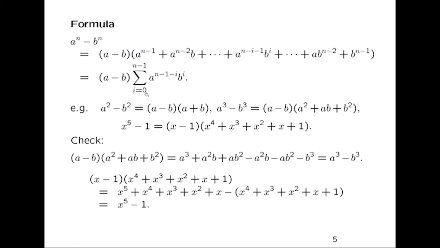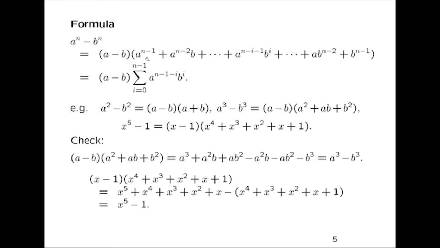So this means the index i is equal to 0 to n minus 1. i appears here, right? So this means summation is the sum of this quantity as you plug 0 to n minus 1 into i. If you plug 0 in, you get a to the n minus 1, b to the 1, and b to the 0.